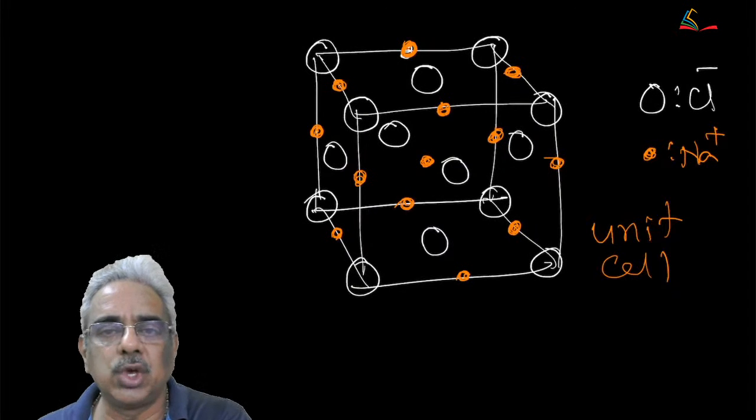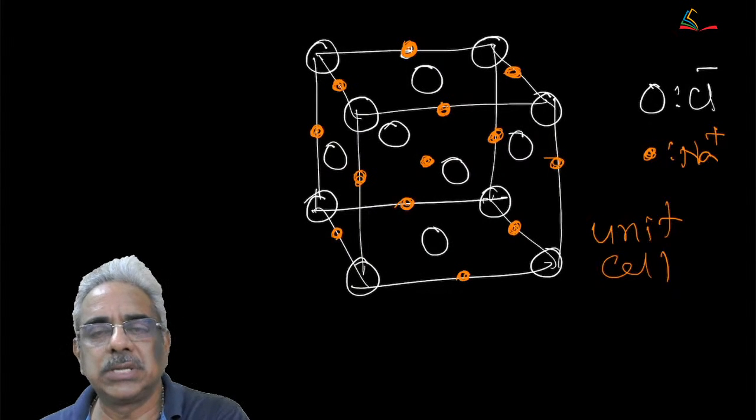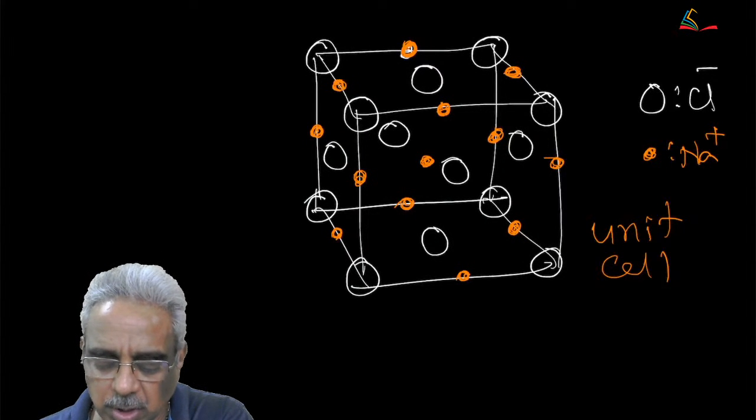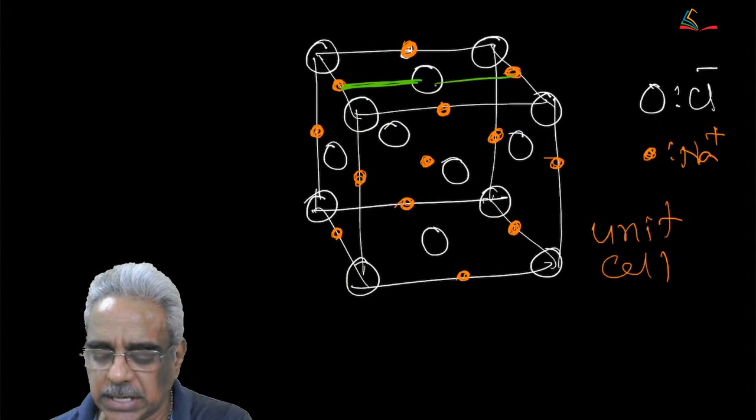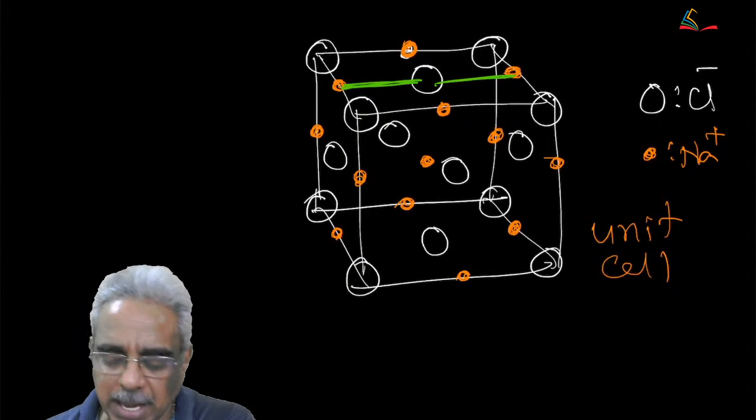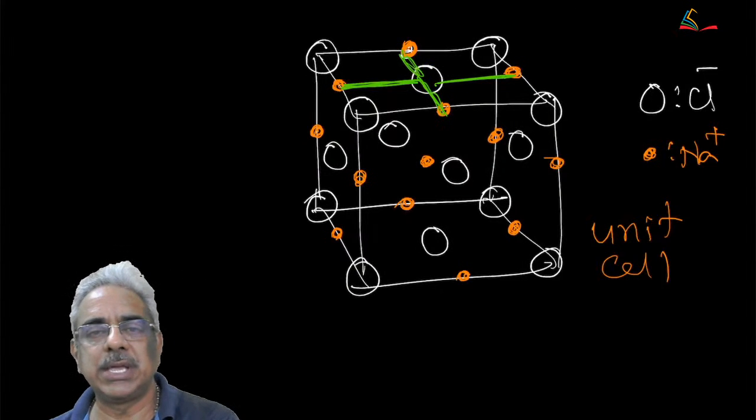In this particular cube, on the top face you see one circle. That circle is chloride. How many sodiums are the nearest neighbors of that chloride? See this sodium, left side sodium, right edge sodium, back edge sodium, front edge sodium. See how many sodiums are you seeing?